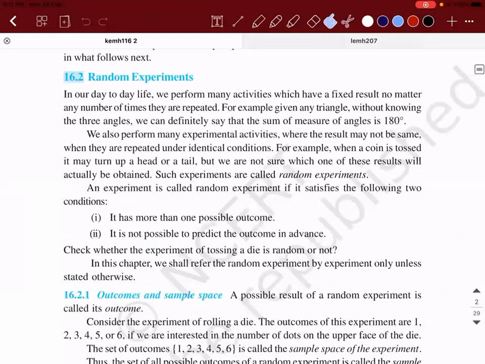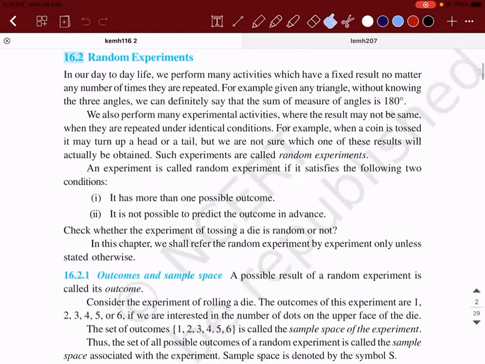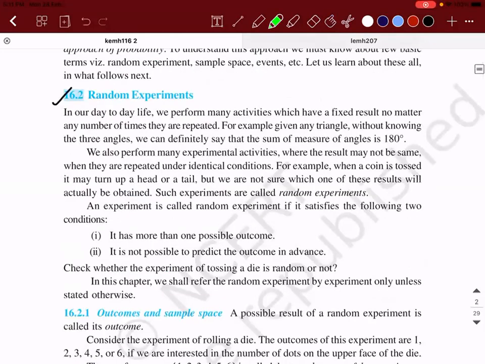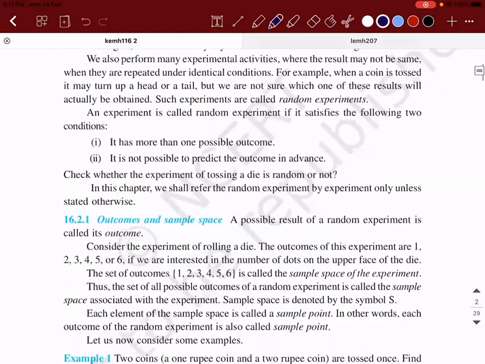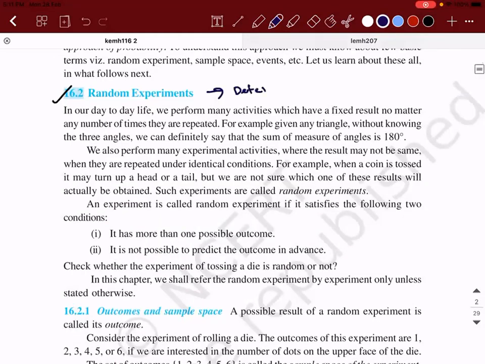So in your 11th grade, you would have learned about random experiments. So what is the opposite of random experiments? You call it a deterministic experiment. First of all, what is an experiment?